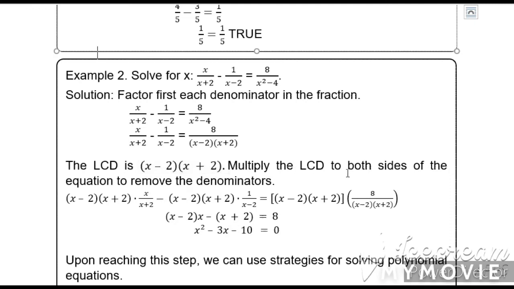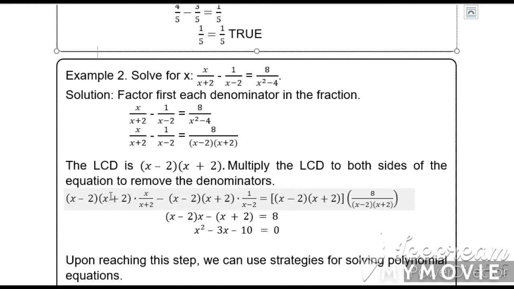Multiply the LCD to both sides of the equation to remove the denominators. So each of the terms will be multiplied by x minus 2 times x plus 2. The second term, 1 over x minus 2, will be multiplied by the LCD. And the last term, 8 over x minus 2 times x plus 2, multiplied by the LCD.